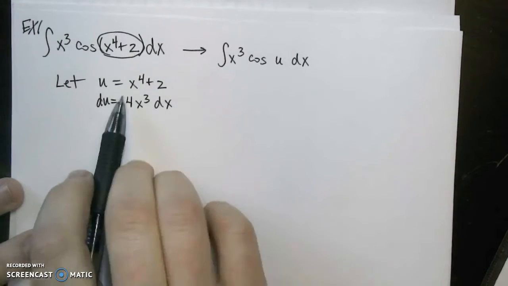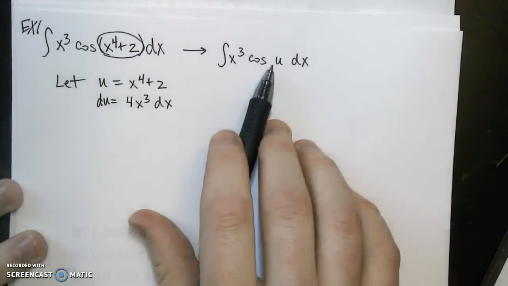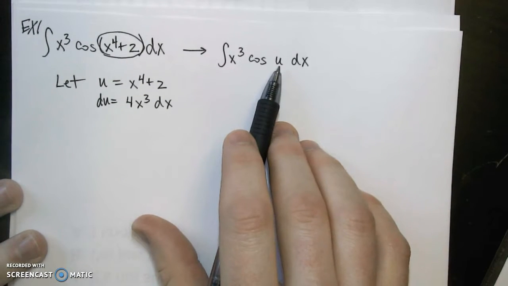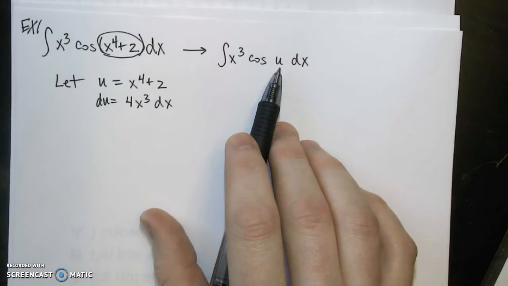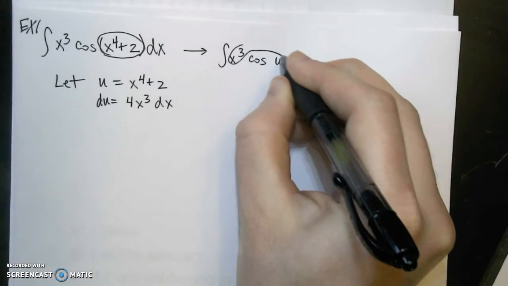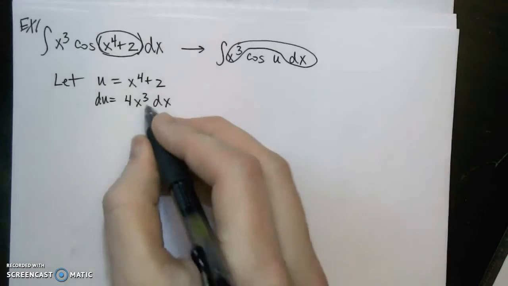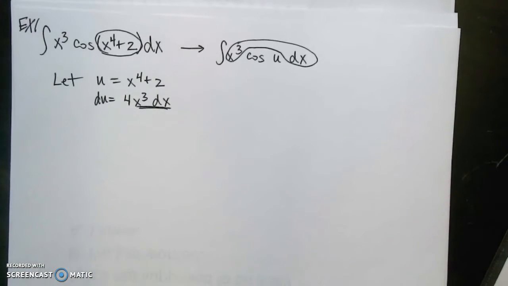So I chose a u, I did the derivative of the u, and I replaced the part with the u. Now I want to do integration of this, but I have to have just one variable, and now I've got two. So I need to get rid of my x cubed dx. And I see that right here in my du.